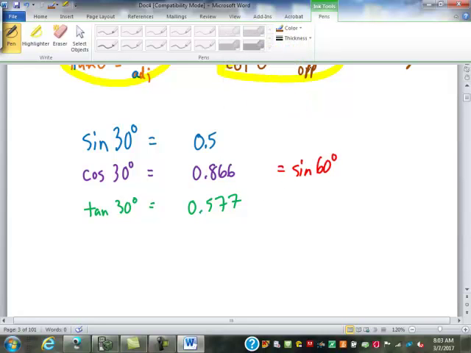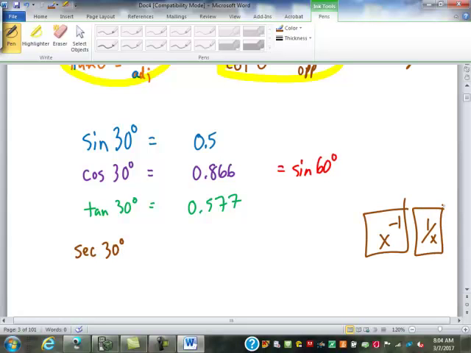So let's look at some of those functions that we don't have on the calculator. Secant of 30 degrees. Now we said secant is the reciprocal of cosine. Most of you have a key on your calculator that looks like x negative 1, or 1 over x, one of those two keys. Most of it should be an x negative 1.